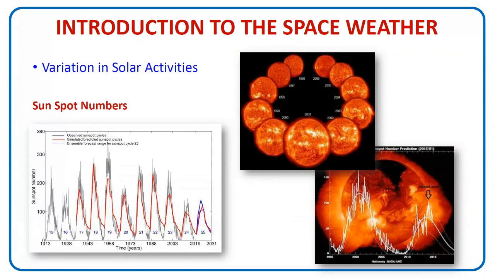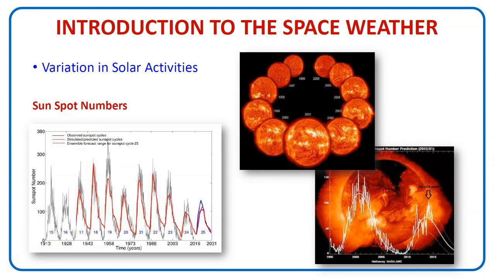And that's why they appear like a spot. So they are called sunspots. So the more the activity of the sun, the more is the probability that the magnetic field lines come out, and that's why the number of sunspots increases.